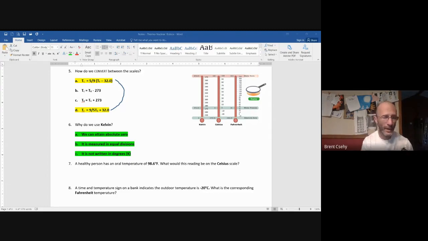Just type it in exactly as it says: 9 divided by 5 times -20 equals -36, plus 32, and that ends up being, yes, I tried to check my work because you know me by now, -4 degrees Fahrenheit.